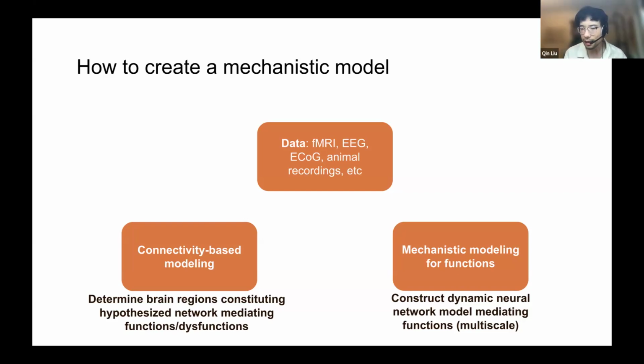And generally, these types of modeling tend to be multi-scale because we need to go into some deeper details. For example, what are those single neurons doing while performing these brain functions? Are dendrites or axons involved? Or are different cell types related to mediating the brain functions?